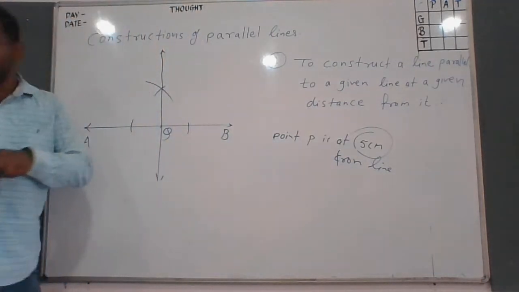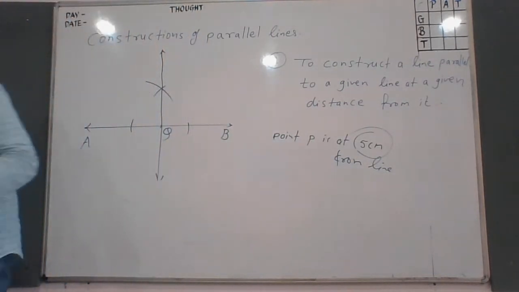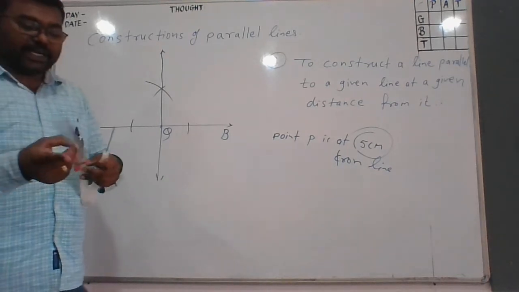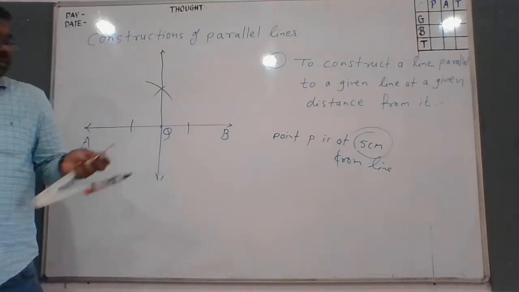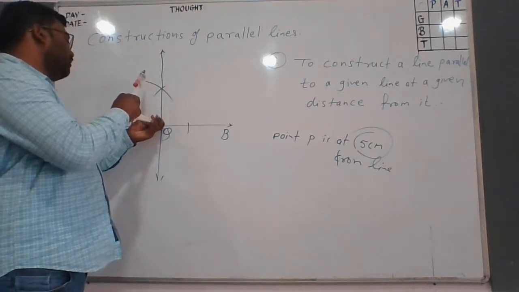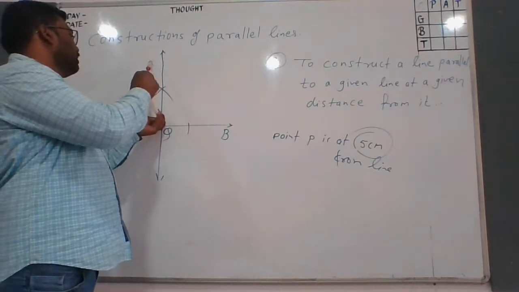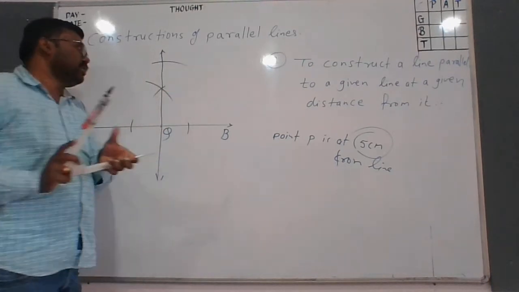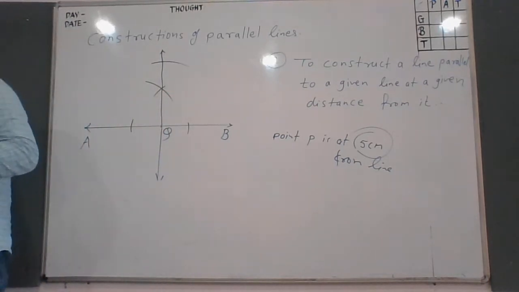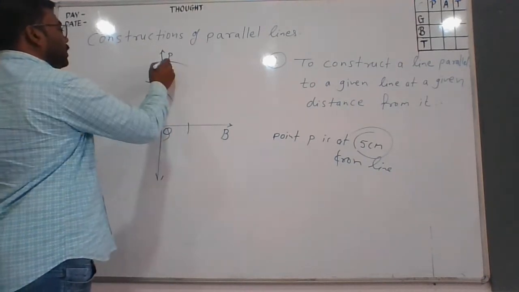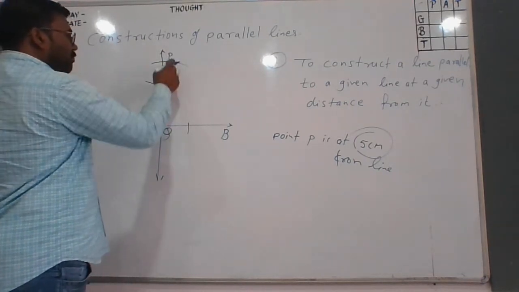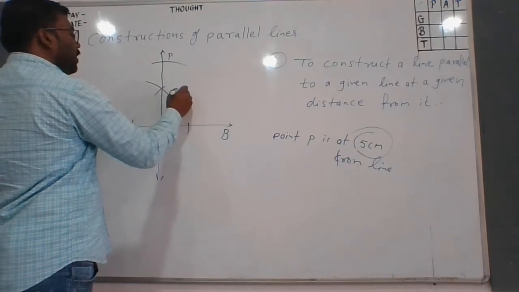So for that, with the help of our scale, measure a radius of 5 centimeter in your compass, and after measuring the radius of 5 centimeter, cut the arc here. Okay. So this is our point P, and the distance PQ is 5 centimeter.